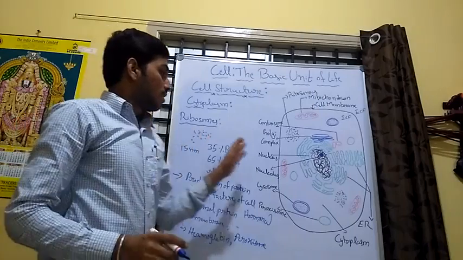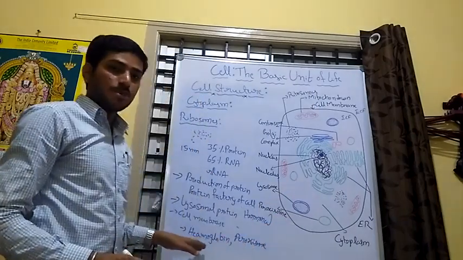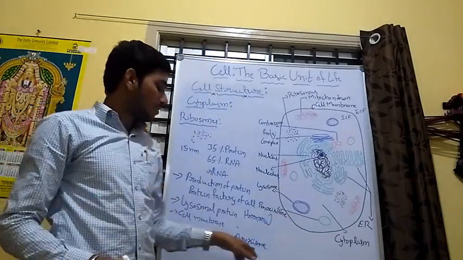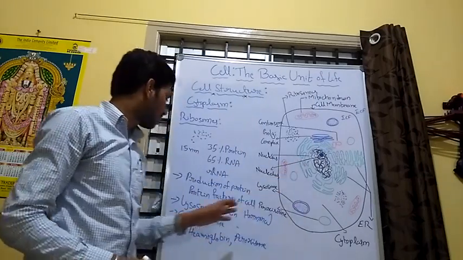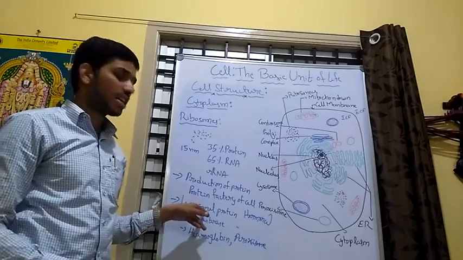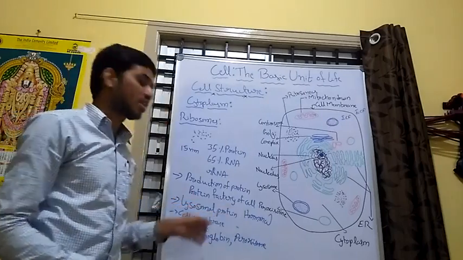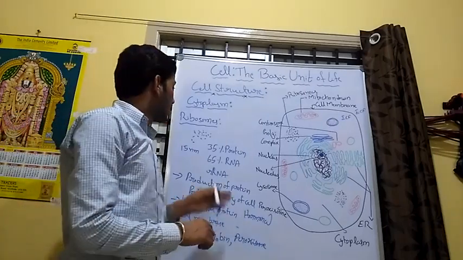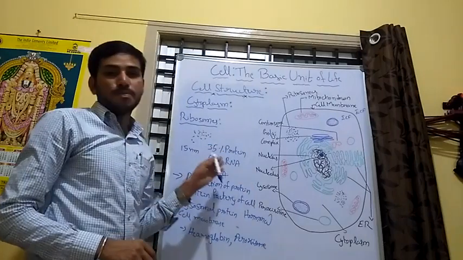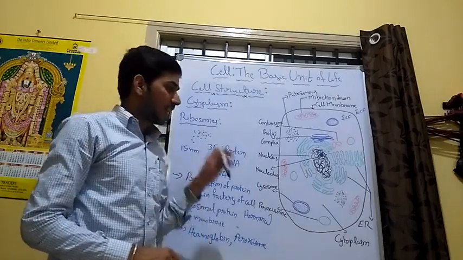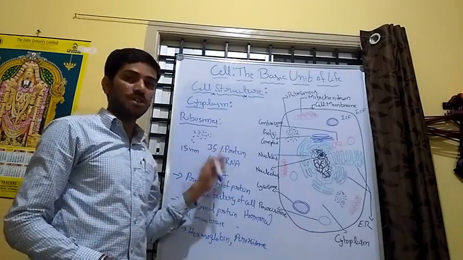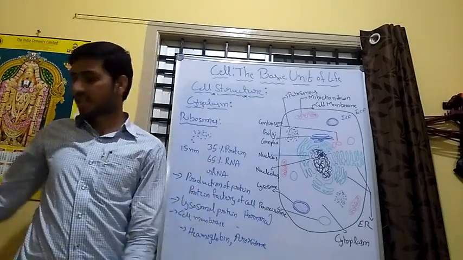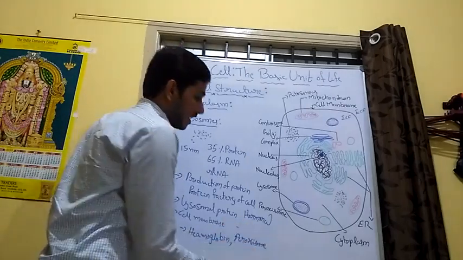The ribosomes attached to the endoplasmic reticulum produce lysosomal, hormonal, and cell membrane proteins. The ribosome is also called the protein factory of the cell and contains 35% protein and 65% RNA. Next, we move to the cytoskeleton.